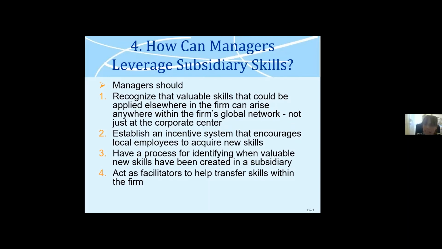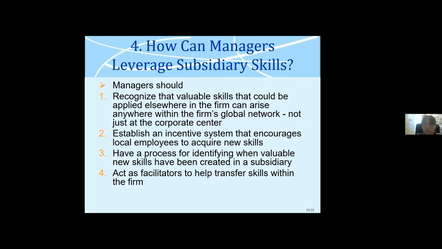So skills can be created anywhere within a multinational's global network of operations, wherever people have the opportunity and the incentive to try new ways of doing things. Leveraging the skills created within subsidiaries and applying them to other operations within the firm's global network may create value, and this is very important.